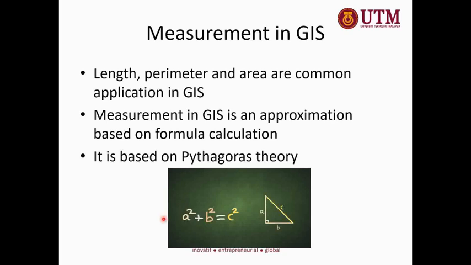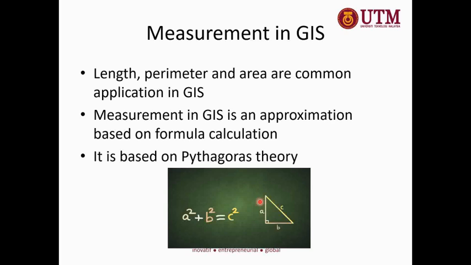This is the formula: we have the lengths of A and B, and then you can get the length of C. Another formula is for area, where you combine A and B to get the area.